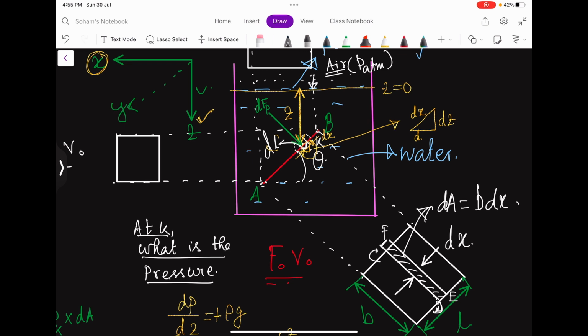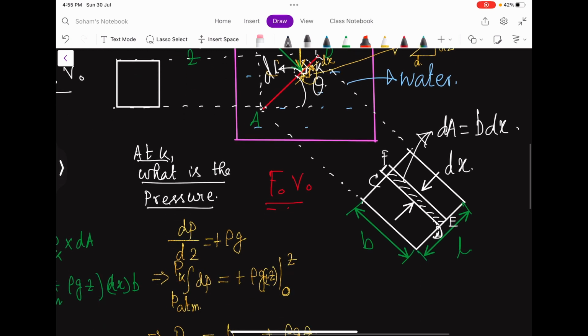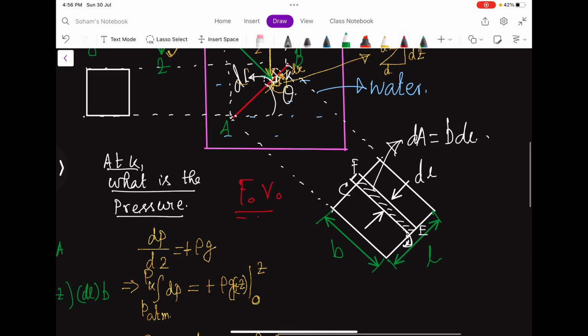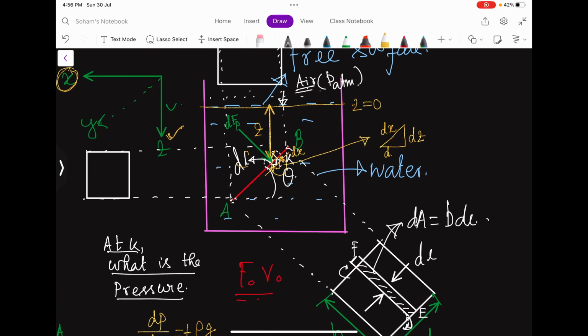There is nothing wrong with taking it as dx, but that can create confusion. All the things are the same, mind it, I have just replaced the name dx by dl. So then this is dl, and this is dz and dx.